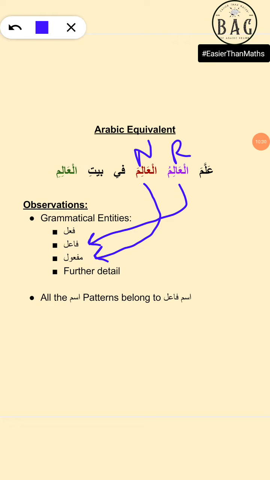As I mentioned before, this is going to be the pattern of fa'ilun. Therefore, it is your ism fa'il, not only fa'il. So this is the concept between fa'il and ism fa'il. Similarly, maf'ul and ism maf'ul.